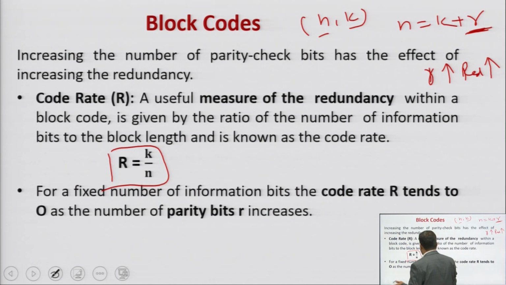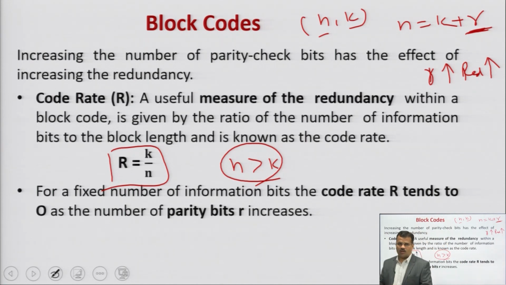Obviously, it is always less than 1, because n will always be greater than k, it cannot be less. So r is equal to k upon n.